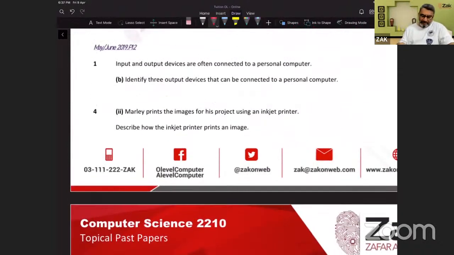Input devices are often connected to a personal computer. Identify 3 output devices that can be connected to the personal computer.